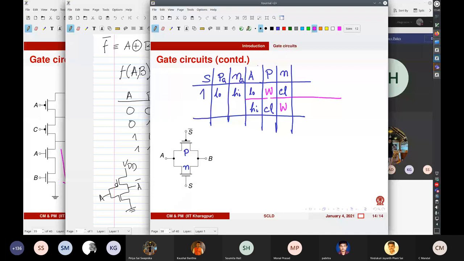That's why you have two transistors. When you have two transistors, at least one of them will be closed.